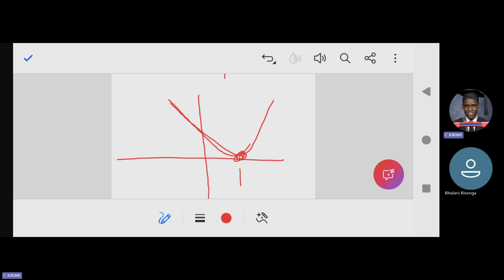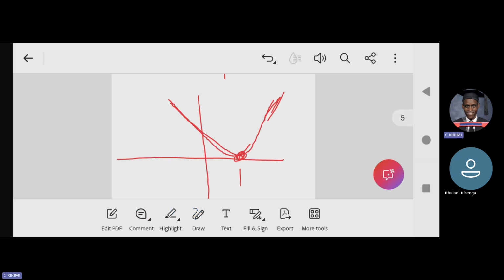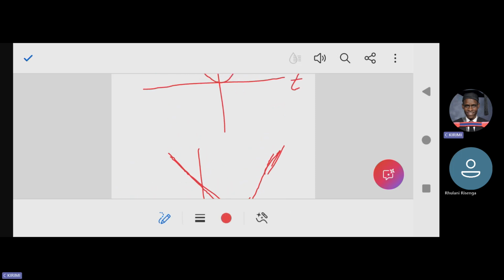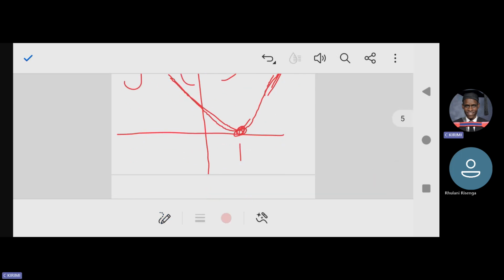How do you write this parabola? It will be y equals t minus 1 squared, which means it was shifted to the right. So this value is now a +1.